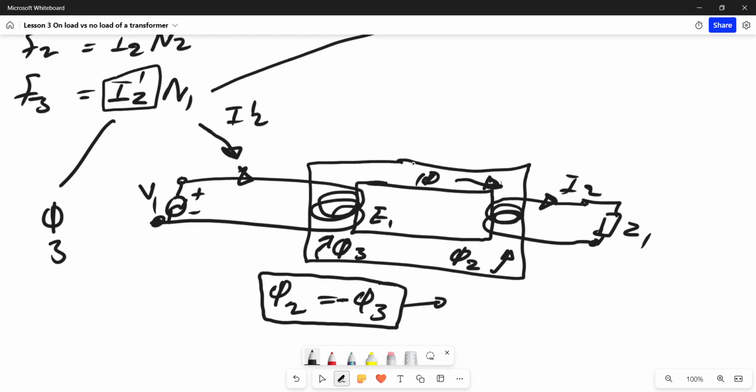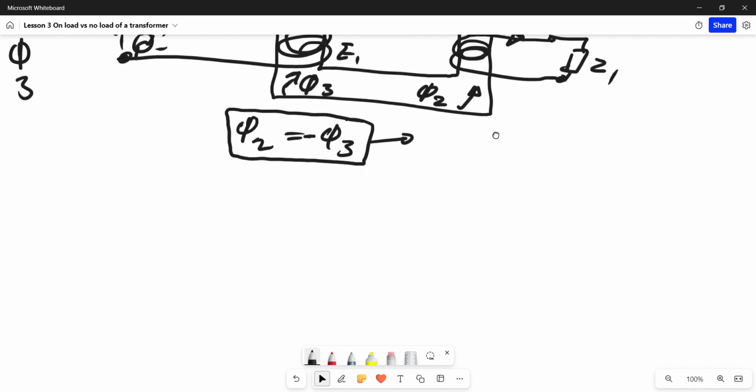It is the mirror image of flux 2, so equal in magnitude but opposite in direction. So they try and cancel each other.